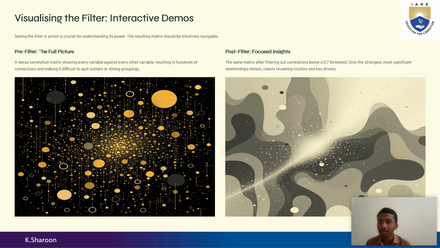Let us look at the pre-filter, the full picture: a dense correlation matrix showing every variable against every other variable, resulting in hundreds of connections and making it difficult to spot outliers or strong groupings. And coming to post-filter, focused insights. The same matrix after filtering out correlations below a 0.7 threshold, only the strongest, most significant relations remain, clearly revealing clusters and key drivers.